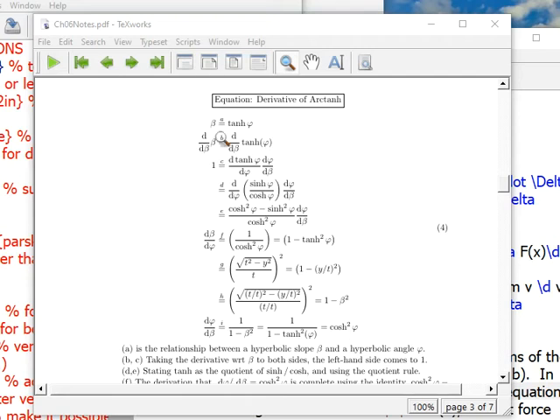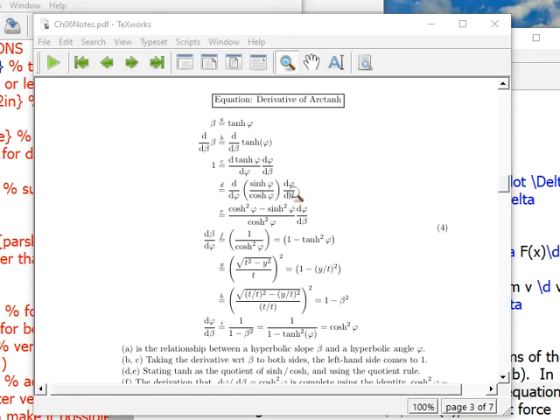If beta is tanh phi, then we want d beta d phi, which is the derivative of sinh phi over cosh phi, the same as tanh phi.